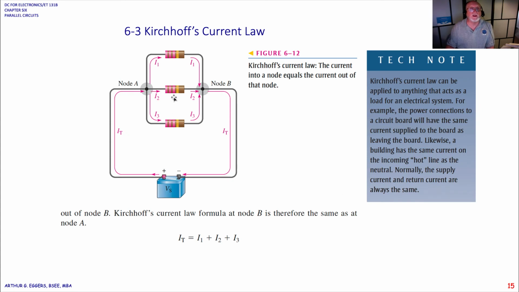In this example, Kirchhoff's current law says the current into node A divides up into current 1, 2, and 3. Since all of these resistors appear to be of the same value, they will in fact divide equally. They will sum at node B, and the current then will return on its path back to the battery.